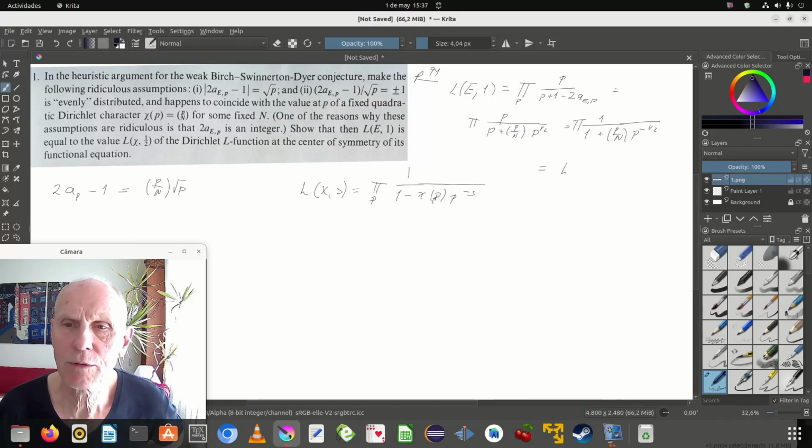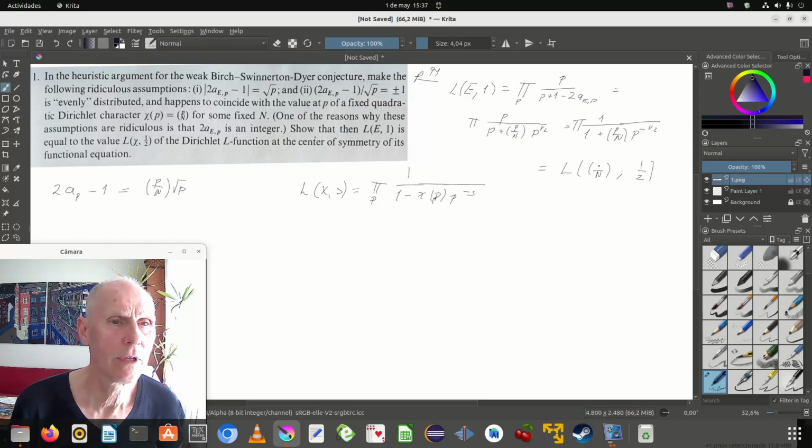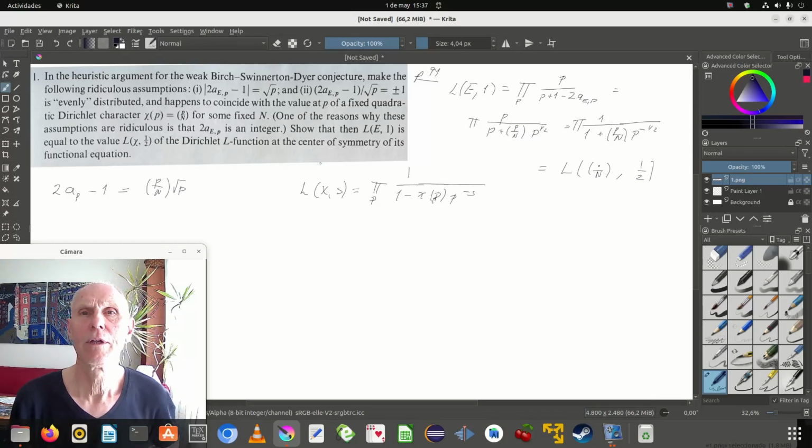So this simply equals L of this symbol evaluated at s equals 1/2. I don't know exactly what that tells us, but that solves problem 1.